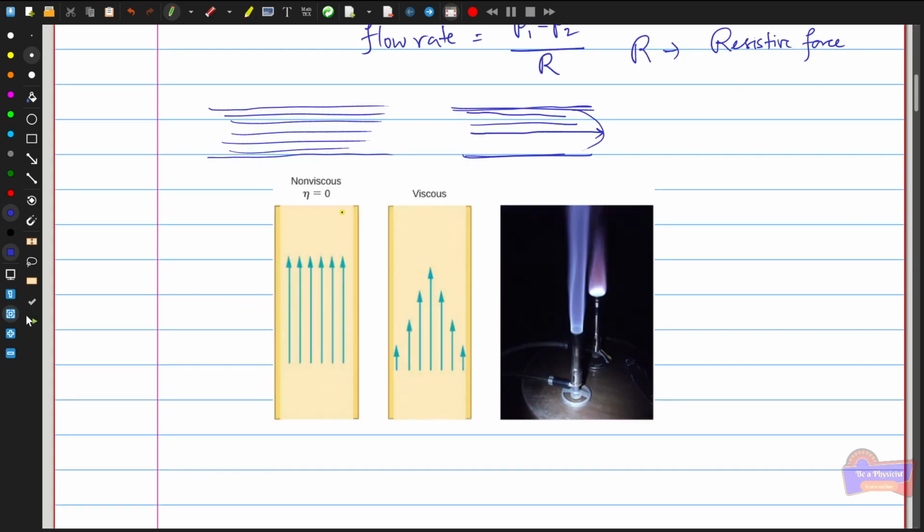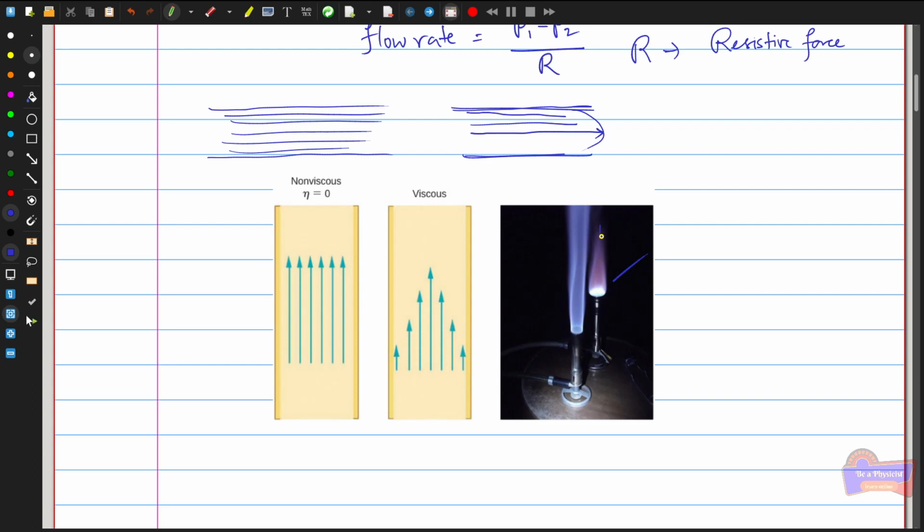In this figure you can see the flow of the non-viscous and the viscous fluid. In the viscous fluid, the flow is greater at the midstream because of the drag of the boundaries, and in the non-viscous fluid the velocity is equal in all directions. We can see this in the figure with the Bunsen burner. This is the viscous fluid, which has its highest velocity at the midpoint, at the flame of the burner.